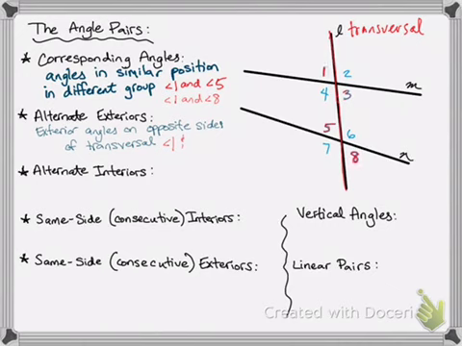Angle 1 and angle 8 are both exterior, and they're on opposite sides of the transversal. So they would make alternate exteriors. Can you pick out another pair of alternate exteriors? All right, maybe angle 2. Opposite sides of the transversal and exterior, angle 7 would be its alternate exterior.